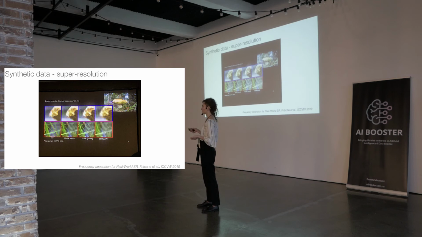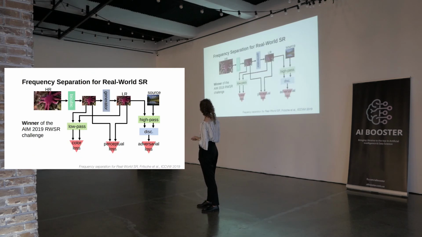So you have to try to find something new, and that's what the guys that won the Real World Super Resolution Challenge last week proposed. They train their GAN in such a setting that they have high frequencies and low frequencies, and the discriminator is plugged in just here, so you train it only for high frequency details, but all the rest is more or less the usual setting.